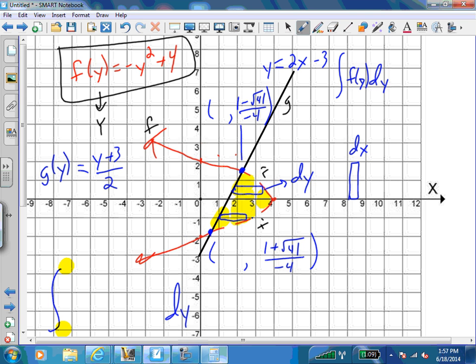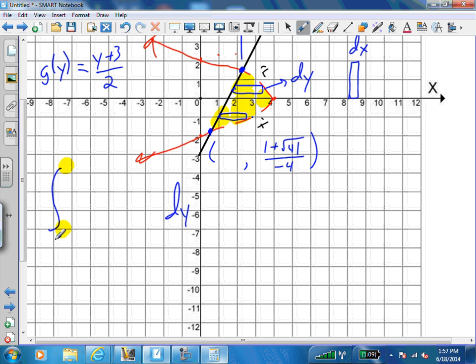So if we set up our integral in the y direction, we're going from the lowest y to the highest y.